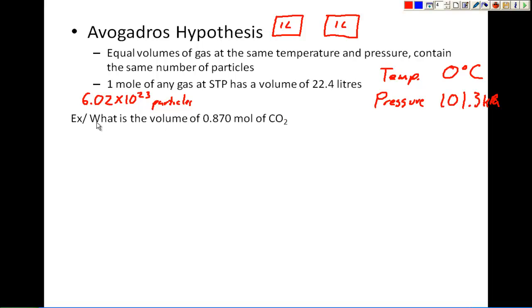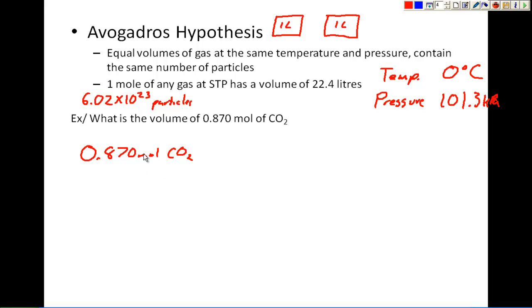So here is our question. What is the volume of 0.870 moles of CO2? So we're going to write this out. 0.870 moles of CO2. We want to know what the volume is.